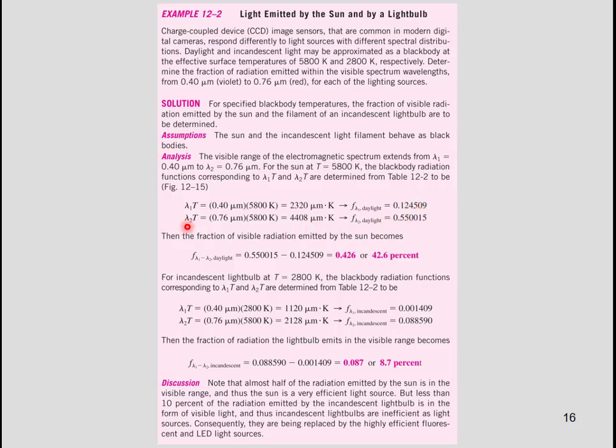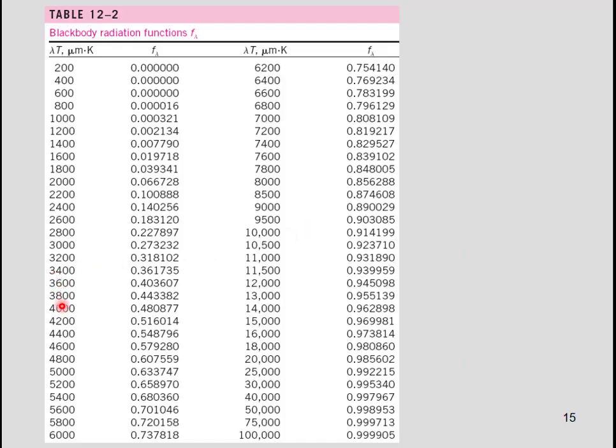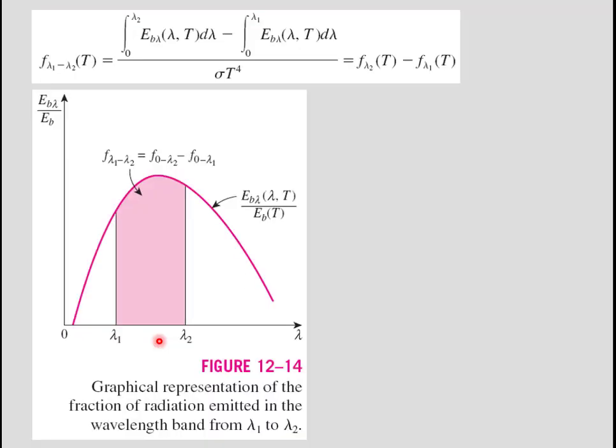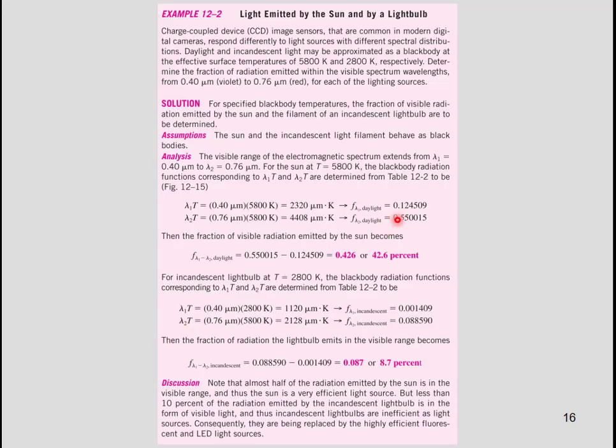And for lambda 2 T, which is 4400, almost here, it should be almost the same as this 0.54. Yes, it is 0.55. So we have this function for that. Then we can calculate the fraction of visible radiation. As I told you, this lambda 1, lambda 2 is the range or band of the visible radiation.